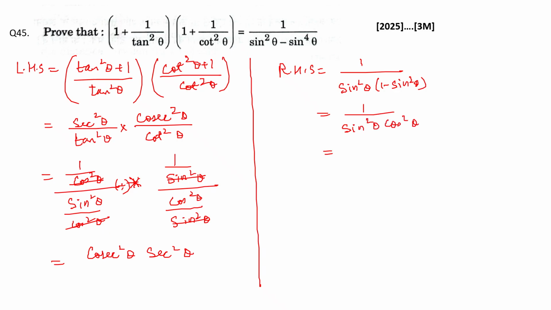So 1 by sin square theta is cosec square theta into 1 by cos square theta is sec square theta. See here I can write this in this form, right? 1 by sin square theta into 1 by cos square theta. That can be converted in this form, which is equal to your LHS. Proved.